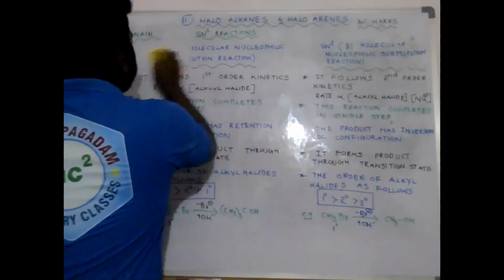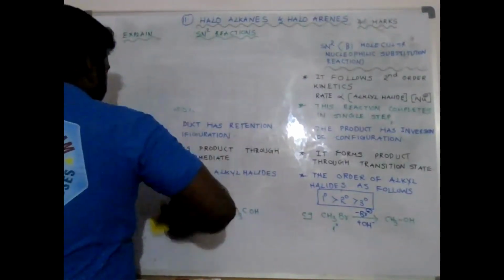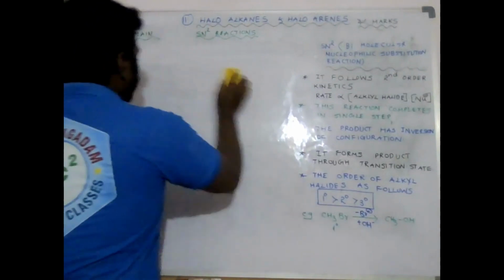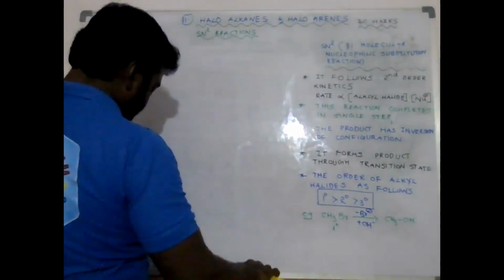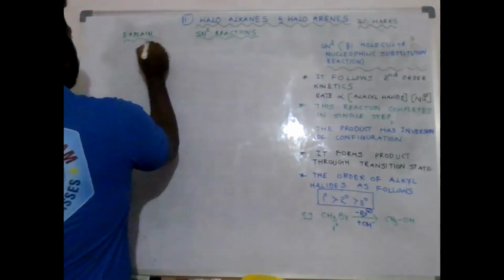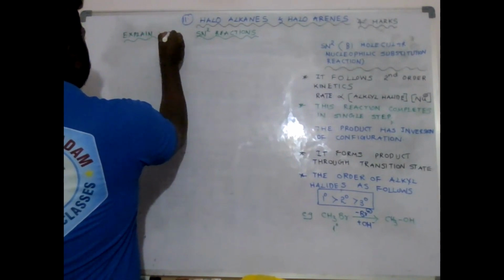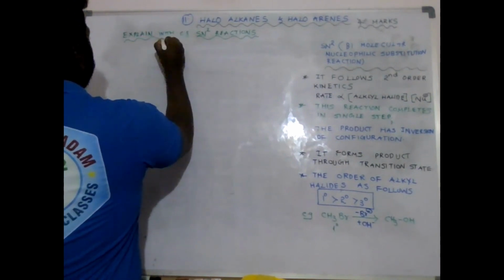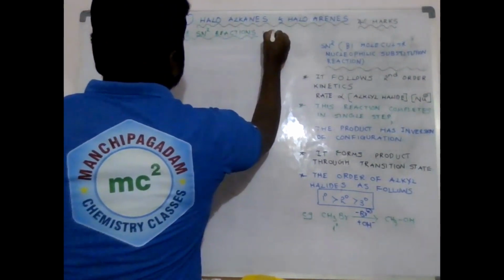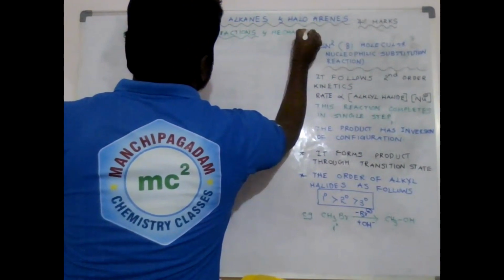Okay. Now, finally, the last one: explain the SN2 reaction, only the SN2 reaction. Explain the SN2 reaction with suitable mechanism. That is the question. Explain with example the SN2 reaction and mechanism.